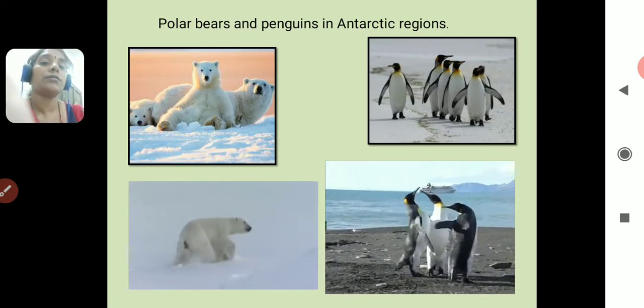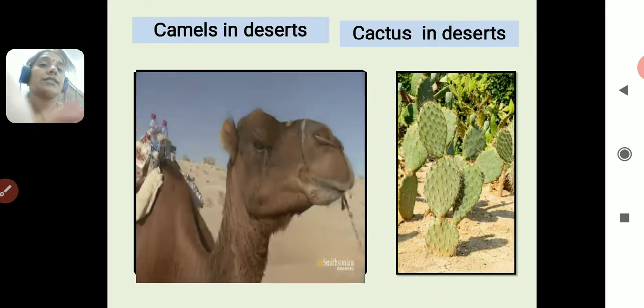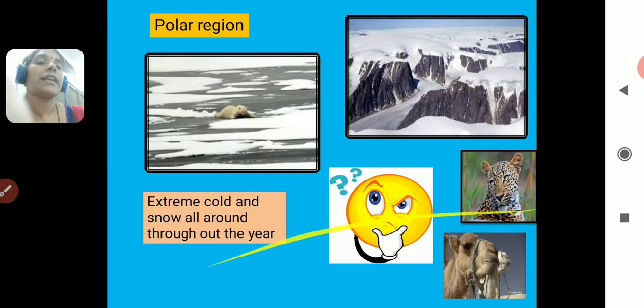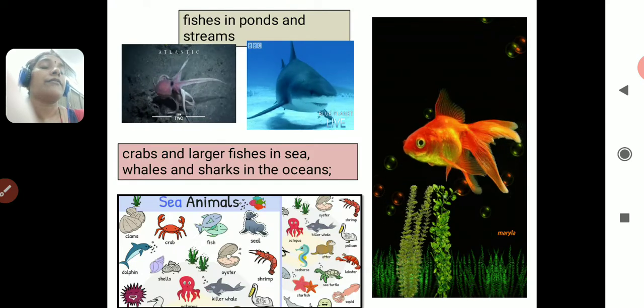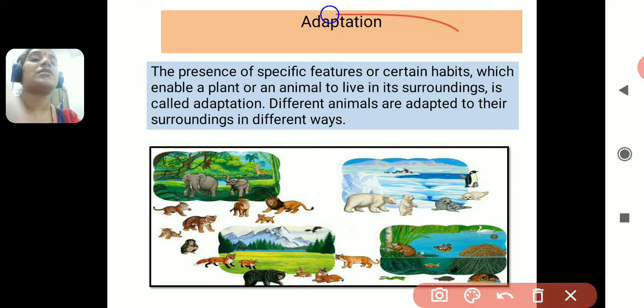And the desert surroundings also have different varieties of animals. So what we can conclude is that a huge variety of living organisms can survive in different surroundings, and for these different surroundings they have specific features or qualities, and these are known as adaptation, students.